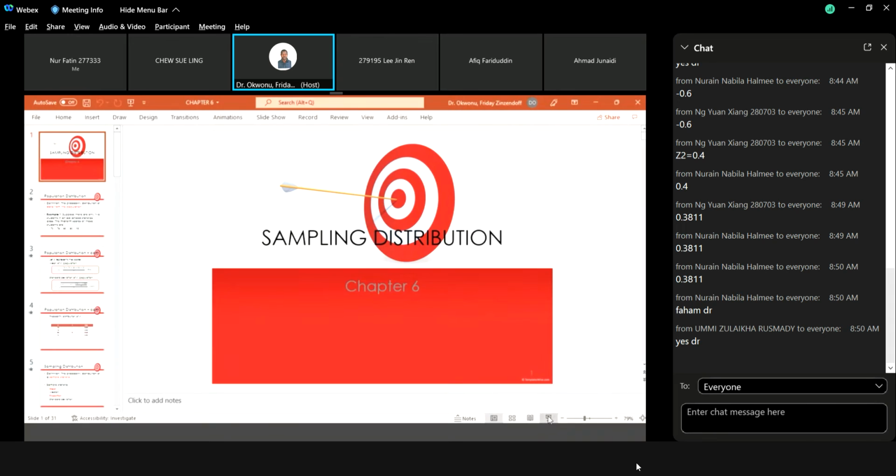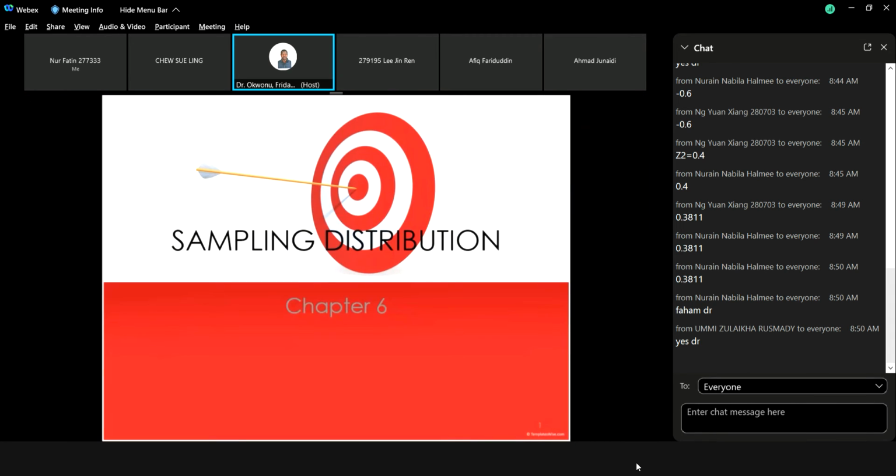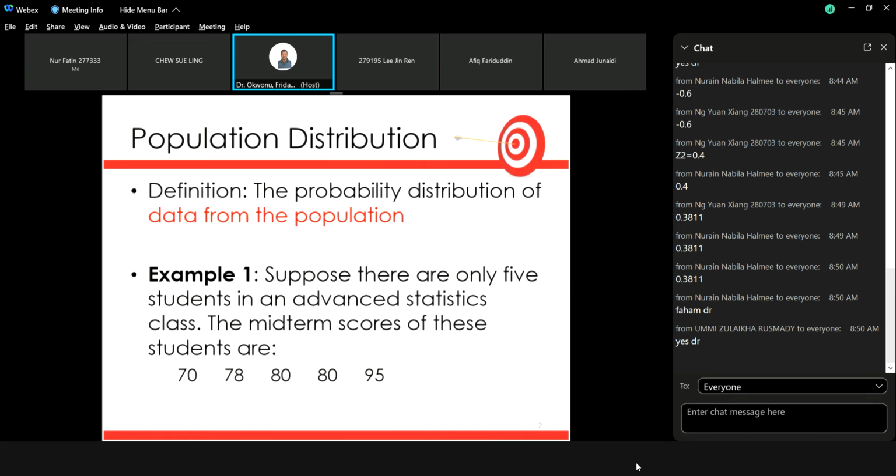I guess you already know how we can compute the probability. So let's look at this sampling distribution. Okay, we have to look at population distribution.